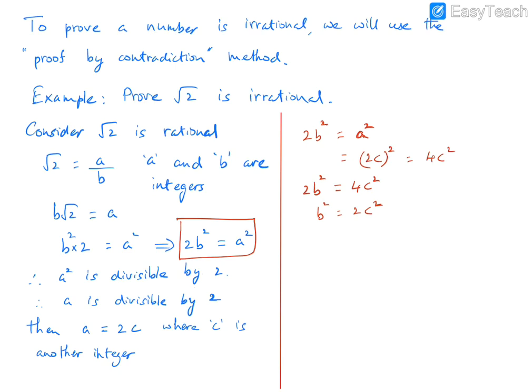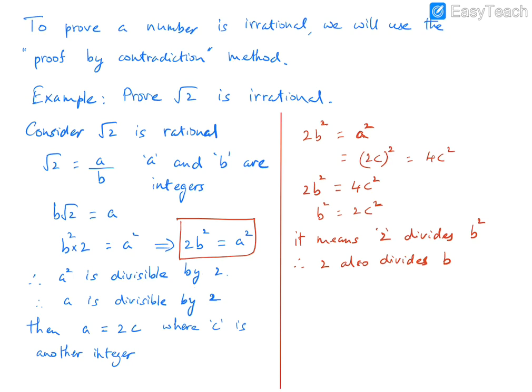From the above expression, since b square is 2 times c square, it means that 2 divides b square. So therefore we can say that 2 also divides b from our previous theorem.